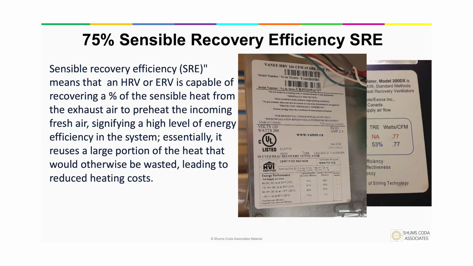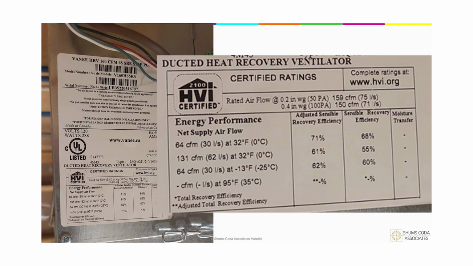Oh yeah, so here's an example. Did I blow it up? There we go. So does this one work? Does not. So we have to look at the sensible recovery efficiency. This is what we're looking at.